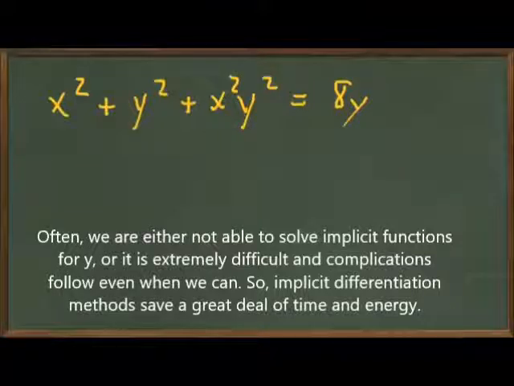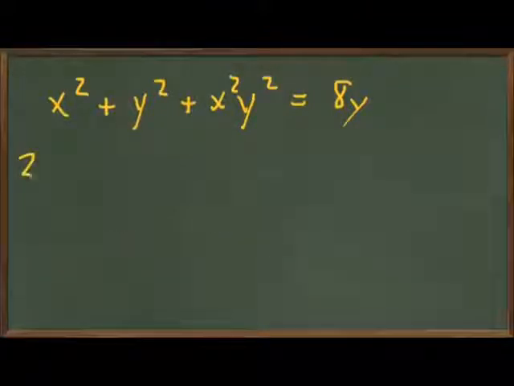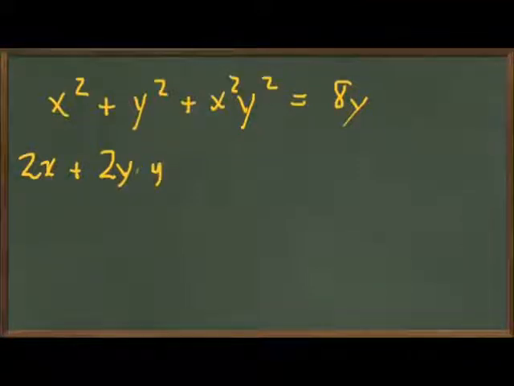So let's take the derivative of each term. Power rule on this gives 2x. Start with the power rule on the y term and get 2y, but then we tack on the y prime as required. When we're taking the derivative of this term, we have to use the product rule.